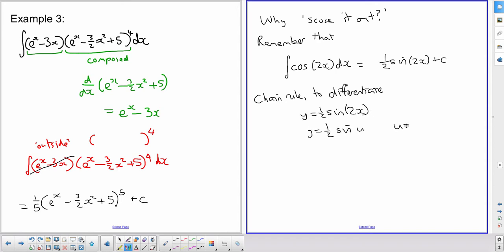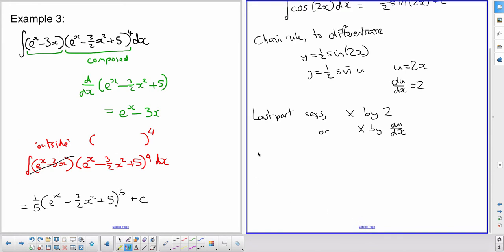I would set y equal half sine u, where u is 2x. And the last part is to figure out du by dx. And so for the derivative, we'll multiply it by 2. Therefore, for the antiderivative, the first part is we're going to divide by 2, or divide by du by dx.